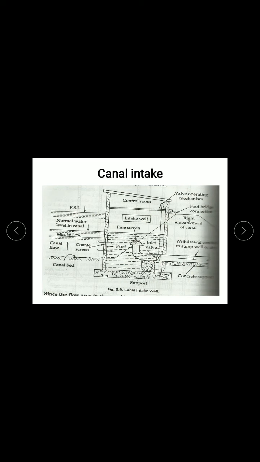Screening is provided here. The water enters this port and is collected in the intake well. Here again a fine screen is provided to separate out any particles that escape. Then the water enters the withdrawal pipe and is sent into the water treatment unit.